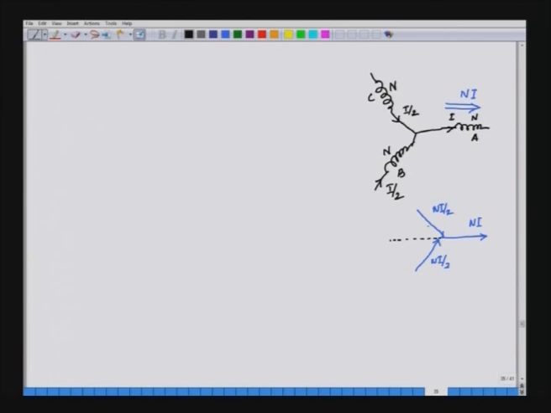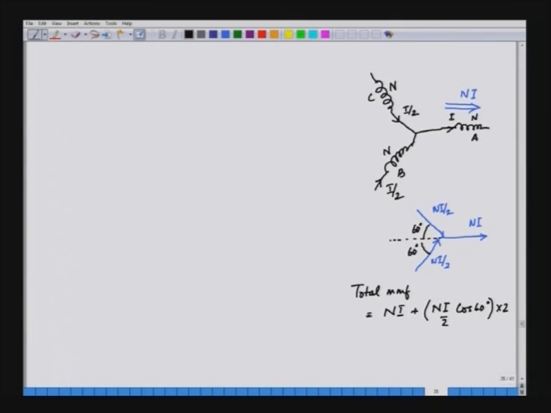The MMF being a vector, this is 60 degrees, this is also 60 degrees. So, the total MMF is equal to Ni plus Ni by 2 into cos 60, and since we have 2 other phases, multiplied by 2.